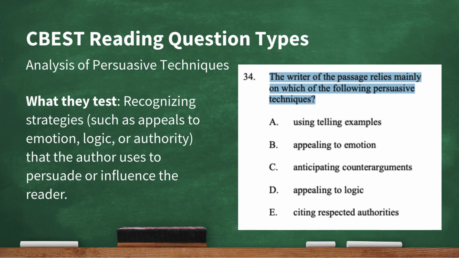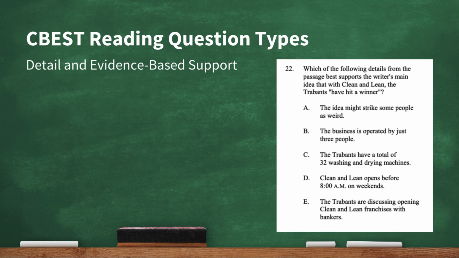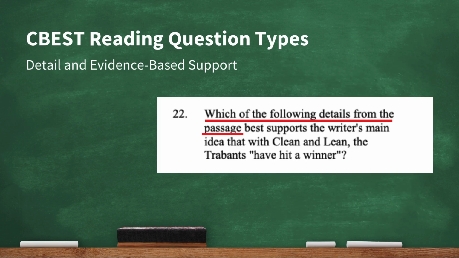Now, the next question type is called detail and evidence based support, where we can see in this example question, which comes from problem number 22, specifically, this one asks us, the test taker, to search for details from the passage.